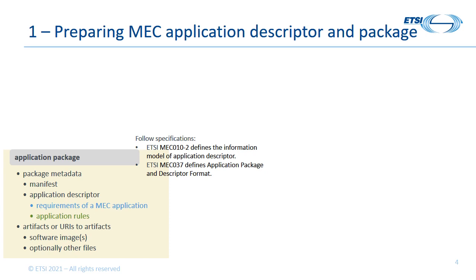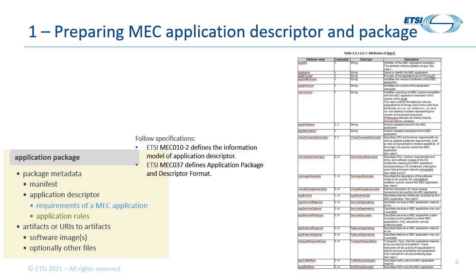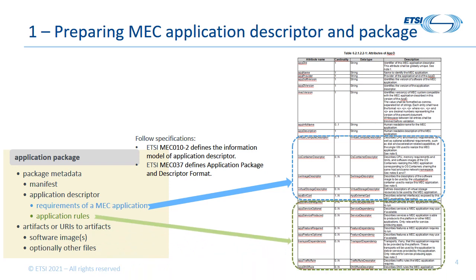Last one, the application descriptor, which describes the requirements of an application and the application rules. For example, the application descriptor provides information about what CPU and memory resources are required for running the application, what services the application could provide, and what DNS rules can be used for serving the application, etc.